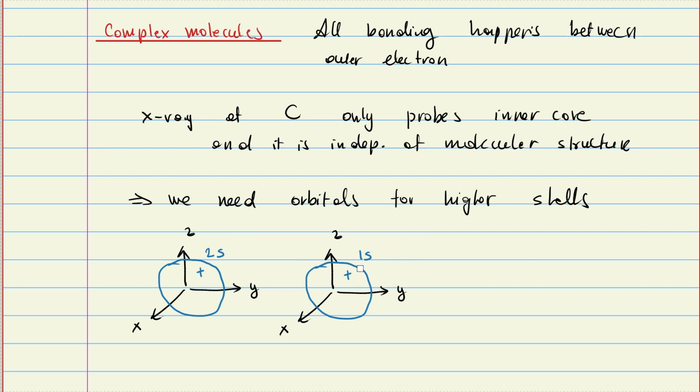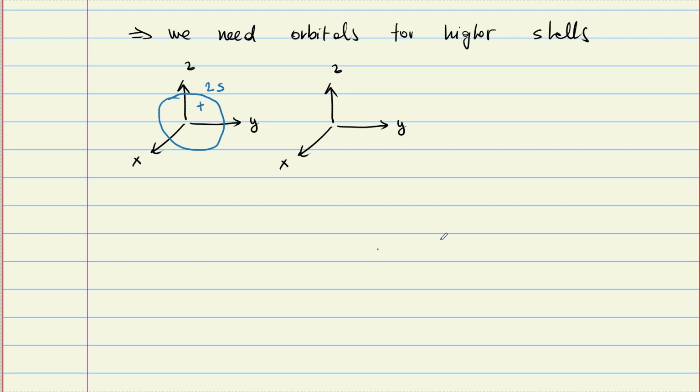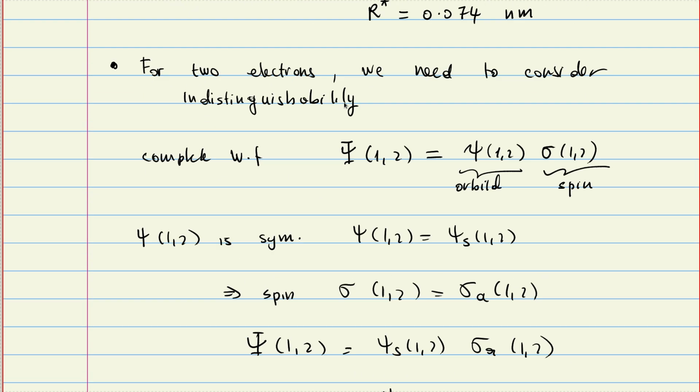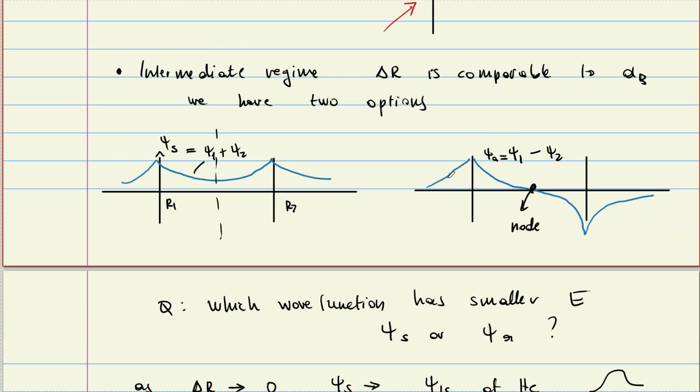So we can consider 2p, but there are different options for p. This is what I call px. And if one side here is plus, the other side, as you go from here to there, the sign of the wave function is going to change. Just like here, right? You go from here to there, the sign is changing. The same thing happens there.